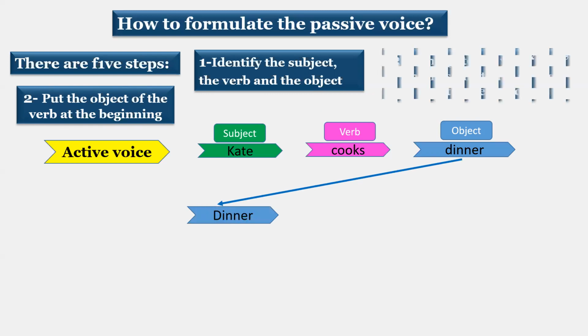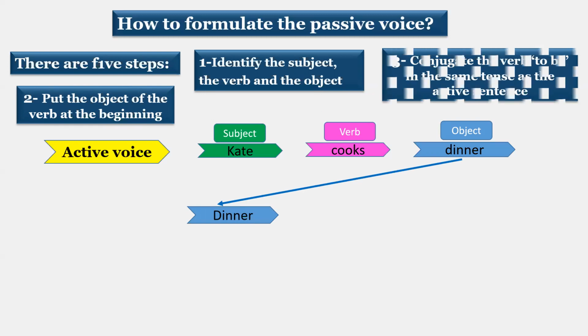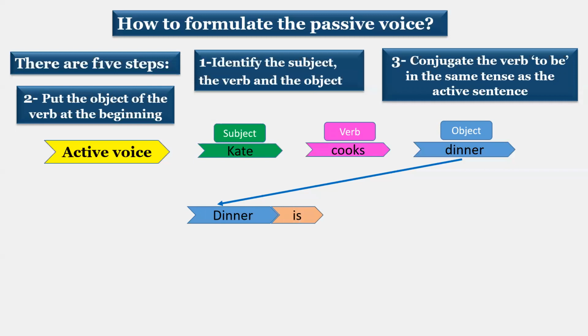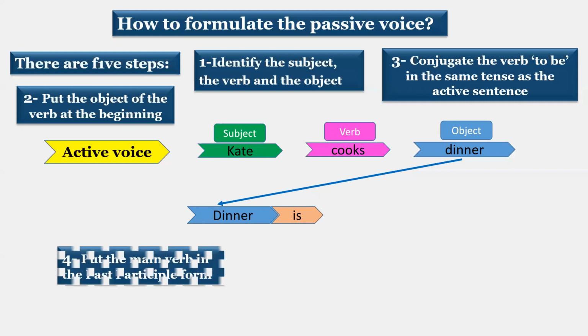Good. Number 3, you have to conjugate the verb to be in the same tense as the active sentence. So, dinner is, because dinner is singular. And then number 4, you have to put the main verb in the past participle form, which means the verb cook, you have to put it in the past participle form: cooked.